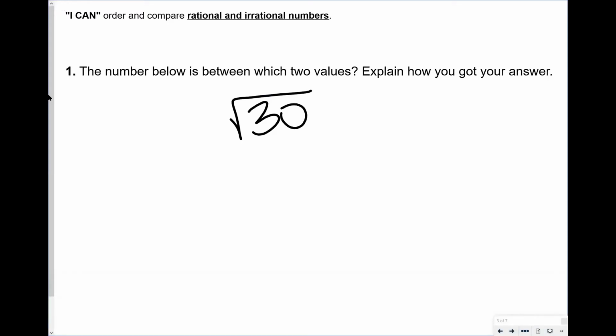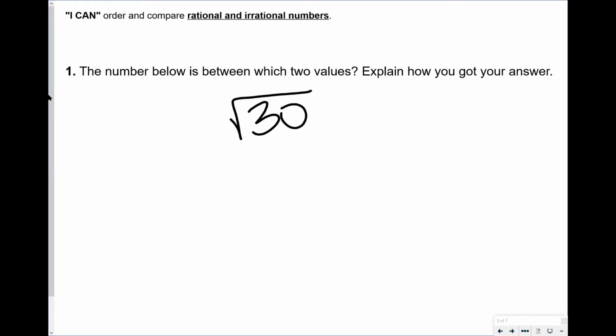I forgot to bold between: underline between and two values. And then it tells us to explain how you got your answer. Okay, so we got the square root of 30.